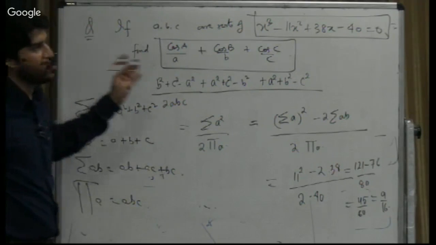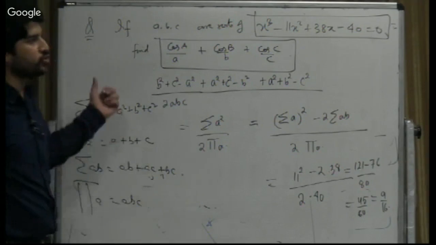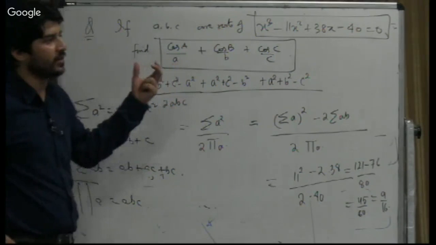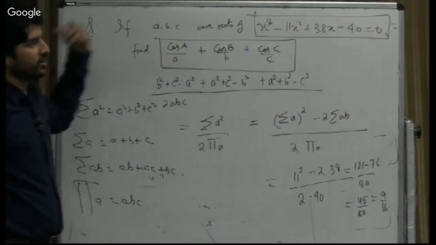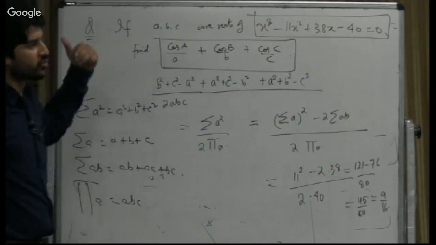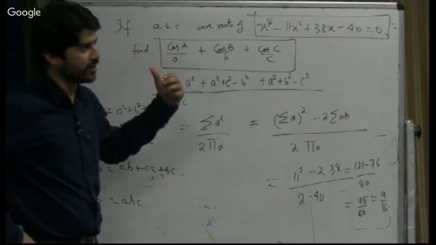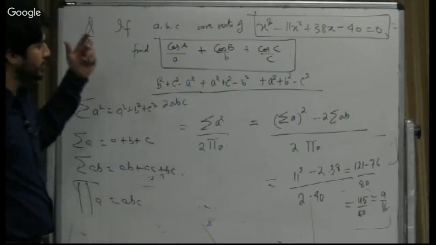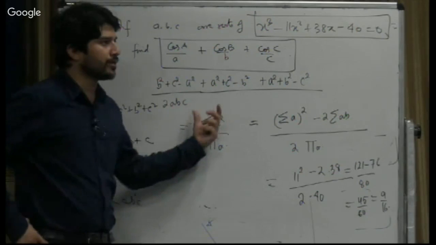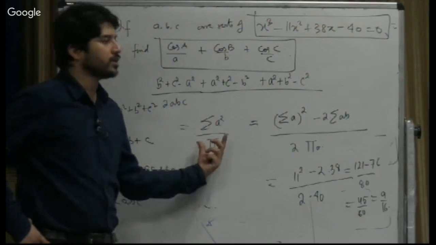Now since we have all the denominators same as 2ABC, we can add them up together. In the denominator we will have 2ABC, and in the numerator we will have A square plus B square plus C square twice minus A square plus B square plus C square. So eventually we will be left with A square plus B square plus C square upon 2ABC.